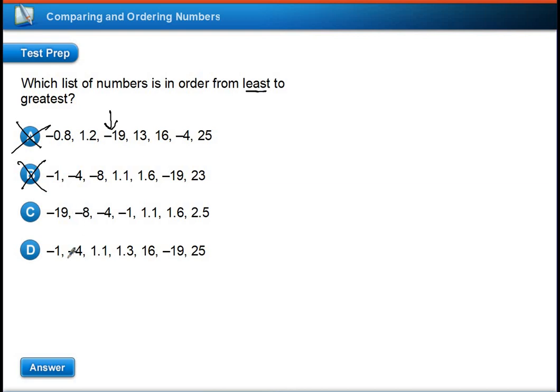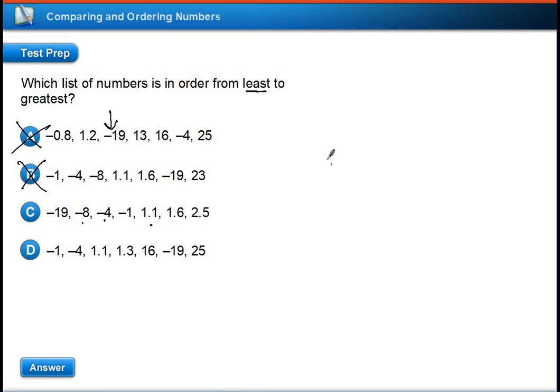So here I have the -19 as first, so it's my furthest away from 0, my furthest to the left, which so far so good. And then as I work my way up the line, my numbers are getting closer to 0. I would be moving further to the right on the number line. Now I've passed 0 and I've gone into the positive world, so I know that I have to get further away from 0 in a positive manner.